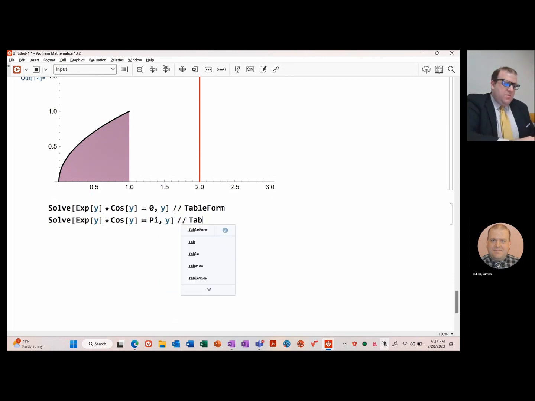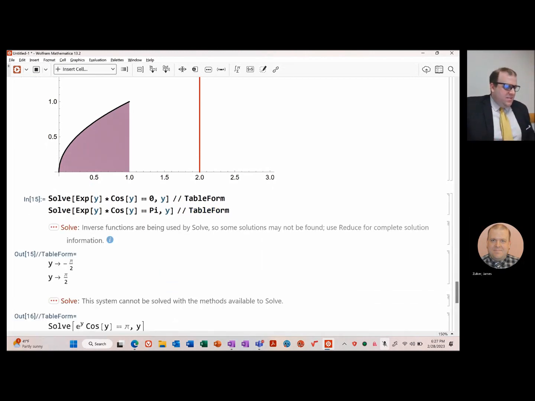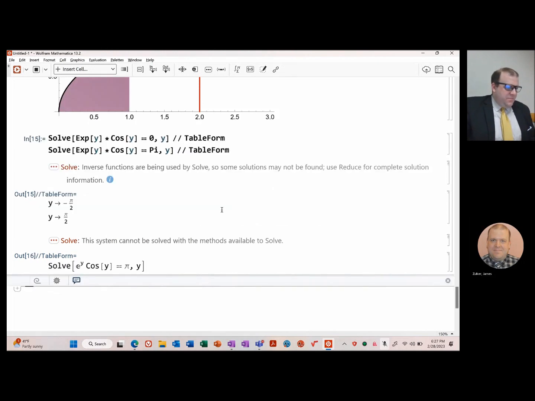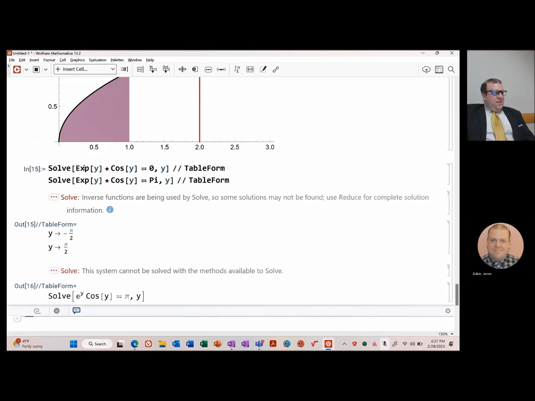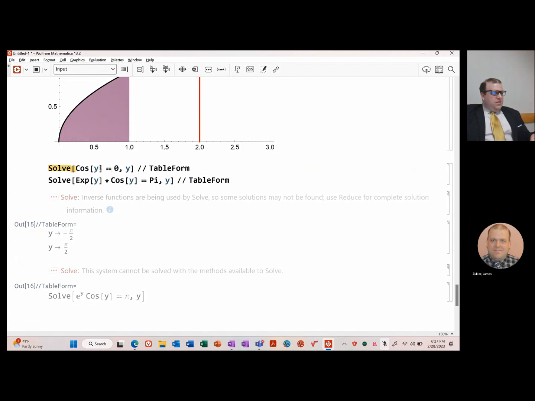I'm also going to do that in table form. Oh dear, it does not want to solve that one. Huh. So what if I did do it this way?